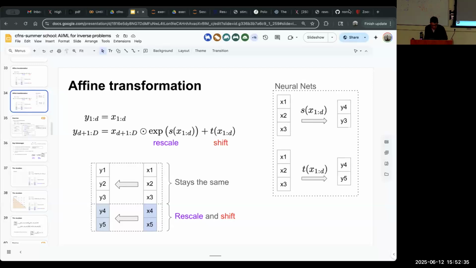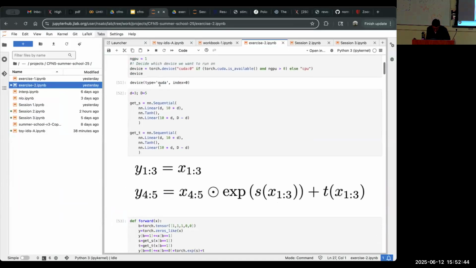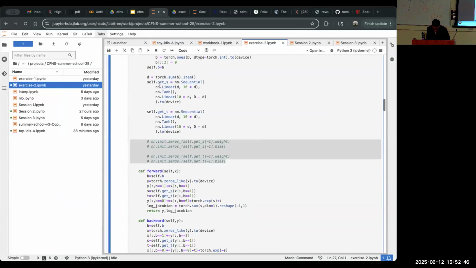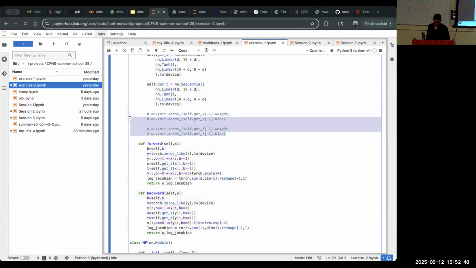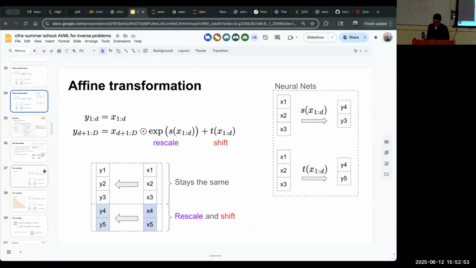So that is something that I have somewhere here. Let's see. I'm going to copy this somewhere in the slide so that you can see it.